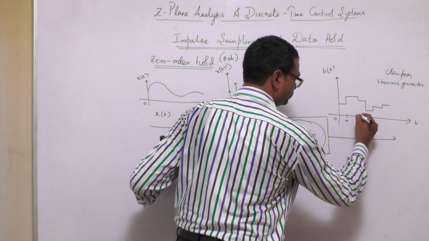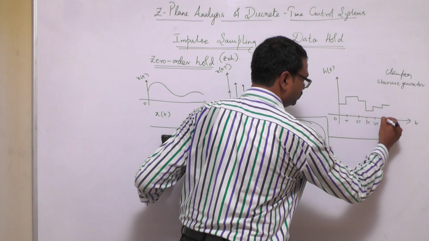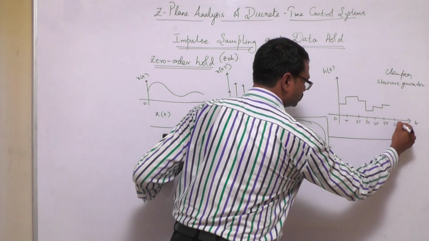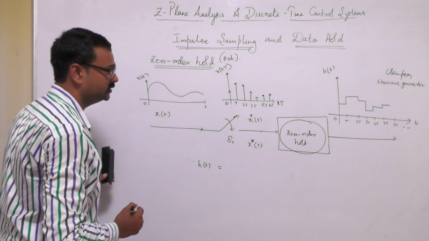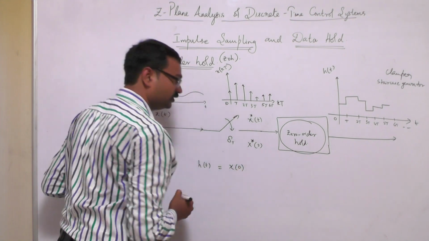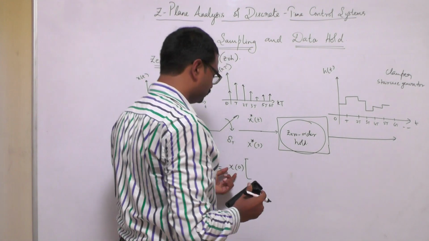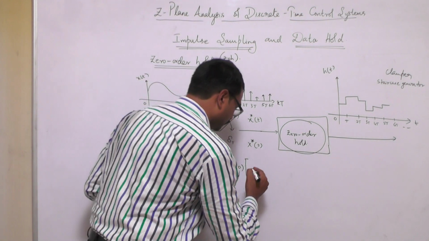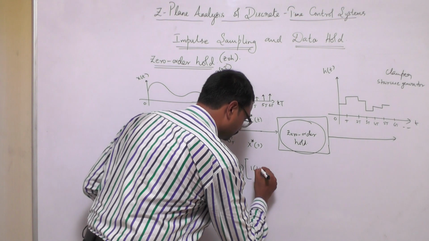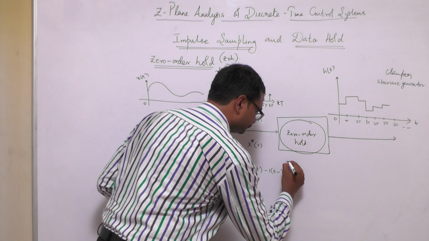That is T, 2T, 3T, 4T, 5T, 6T and so on. Now h(t), I can say it is nothing but x(0) into, now x(0) will give you the magnitude, 1(t) minus 1(t minus T).